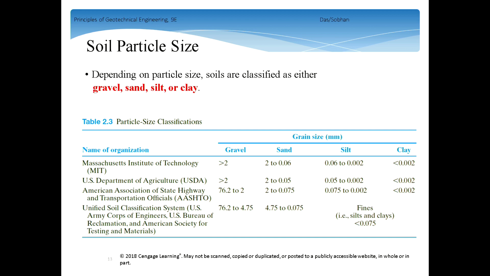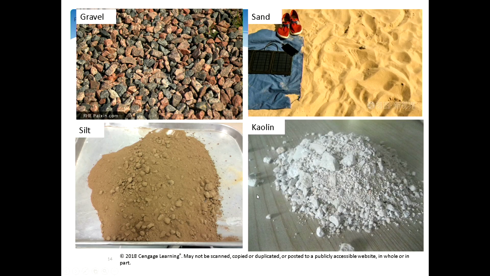So you can't actually see the particle clearly. If you put one particle on a sheet of paper, you actually can't see it because it is very small. You can see soil because a lot of particles get together. So you can see this is a pound of soil.